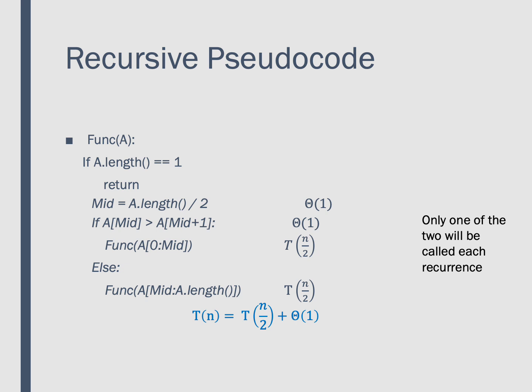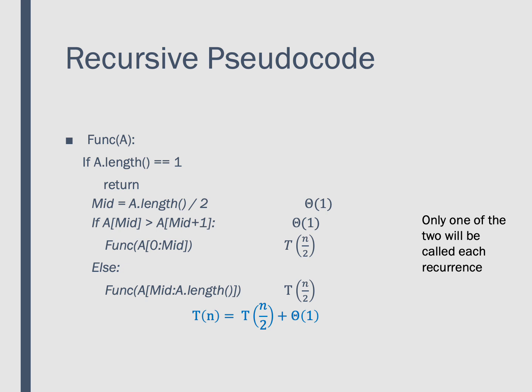Then based on the condition, the function makes a recursive call on either the left half, A[0..mid] with size n/2, or the right half, A[mid..A.length] with size n/2. So only one of these recursive calls is made per execution of the function. The work done outside the recursion, the midpoint calculation and comparison, is all constant time.